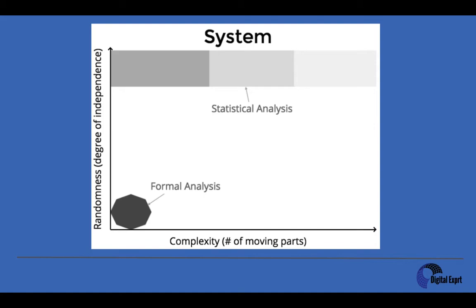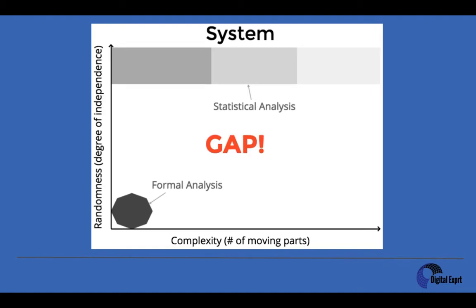However, as the complexity or the number of moving parts increases while the degree of independence, meaning randomness, also increases, we get to the point where our formal analysis fails and our system could be tackled only via something that we call statistical analysis. And as you can see on this chart, the statistical analysis pales as we are increasing the number of moving parts.